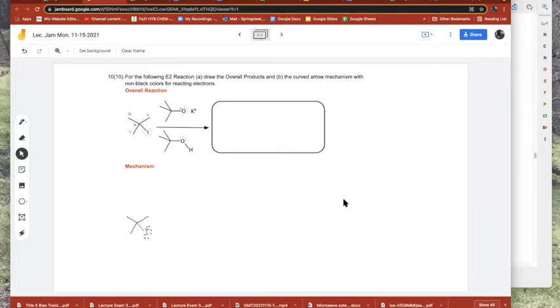But it's bimolecular, so two molecules are reacting at the same time. So what's going to happen now is the hydrogen that's one carbon away from the carbon with the leaving group is going to be deprotonated at the same time as the leaving group leaves. It's all at once.